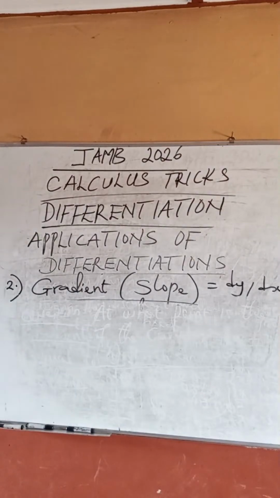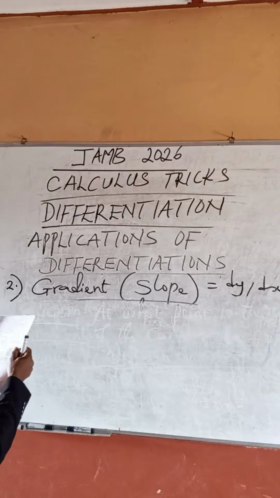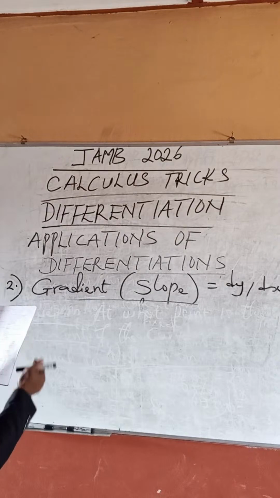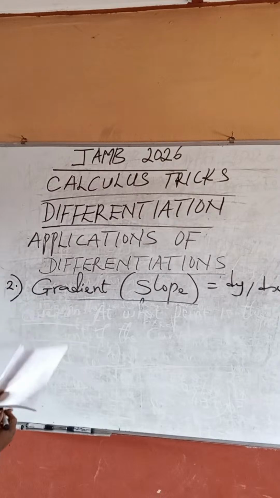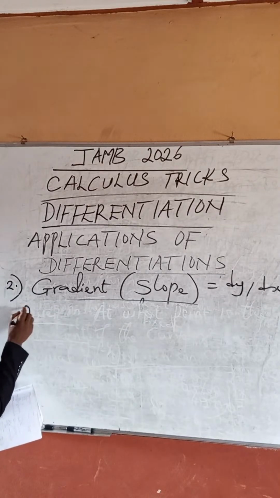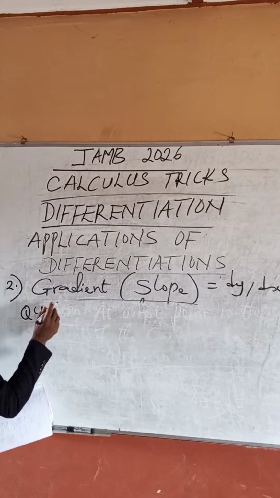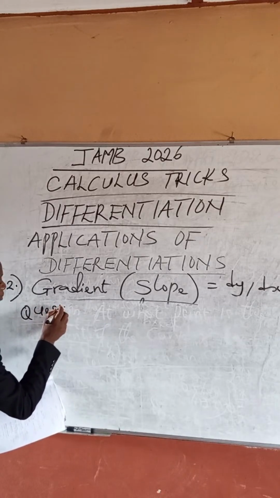So let's look at the next question. Look at this question. Find the slope of the curve. That's question 2 now. This is another question.